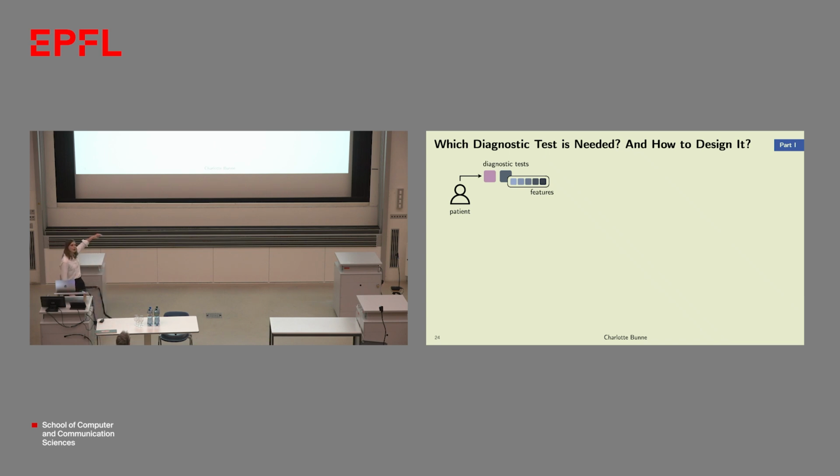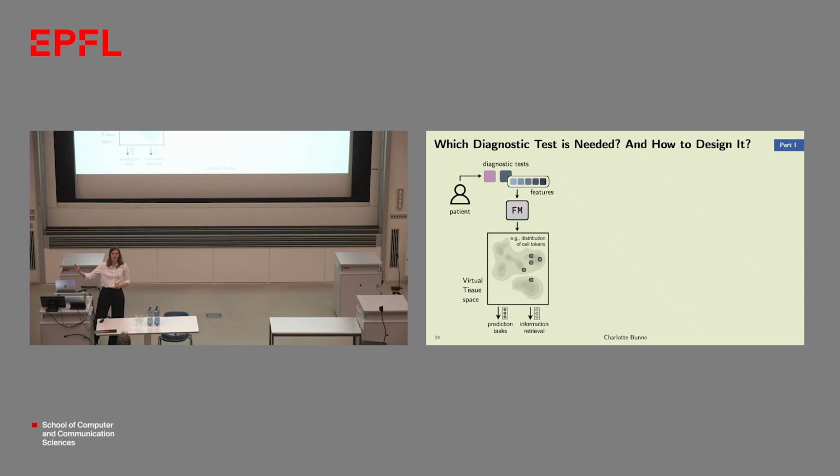If I have larger and larger foundation models that are trained on many different technologies, do I always need the most expensive diagnostic test? Or can I map in with a cheap test because it's complemented by what the model has otherwise seen? Meaning that I can map in with whatever diagnostic test into this virtual tissue space and then use it for different downstream tasks. Can I understand what are the most important protein markers to measure?